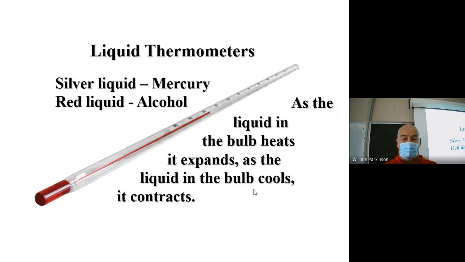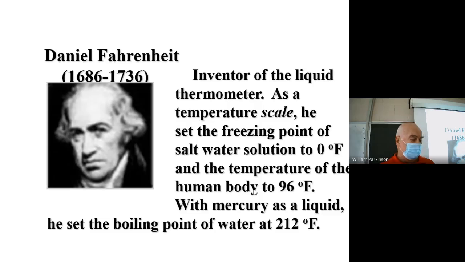So a liquid thermometer uses the expansion of a liquid, which increases as the temperature increases, to tell a scale that we can measure for the temperature. And who came up with the original scale? Well, should be a familiar name to us. The individual who first invented the thermometer and then put it onto a scale that can be measured, was Daniel Fahrenheit.